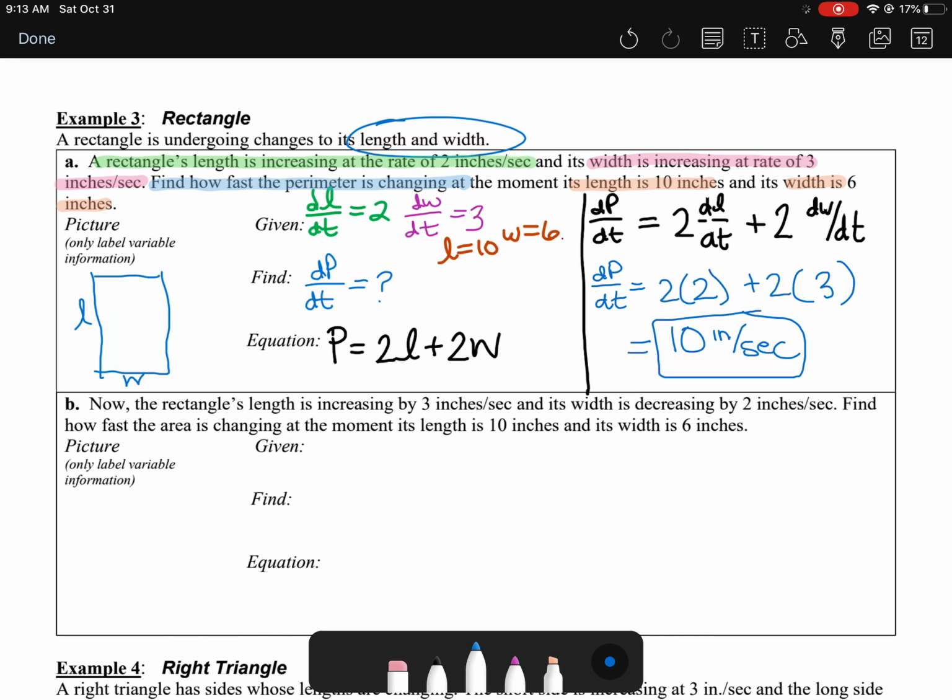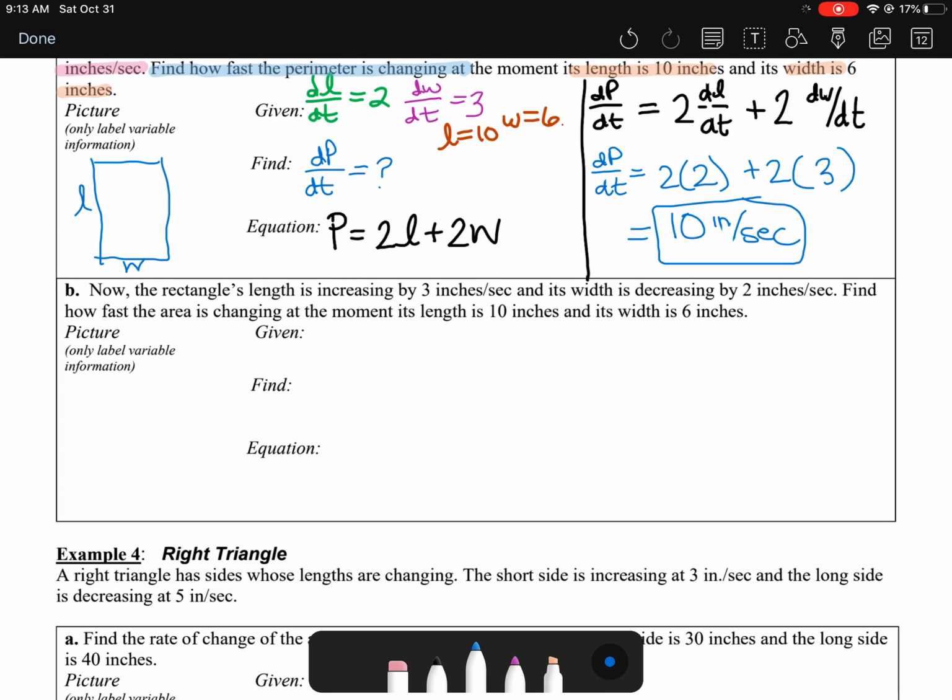So again, using that NUT acronym: noun, unit, time. The perimeter of the rectangle is increasing at a rate of 10 inches per second when L is equal to 10 and W is equal to 6.